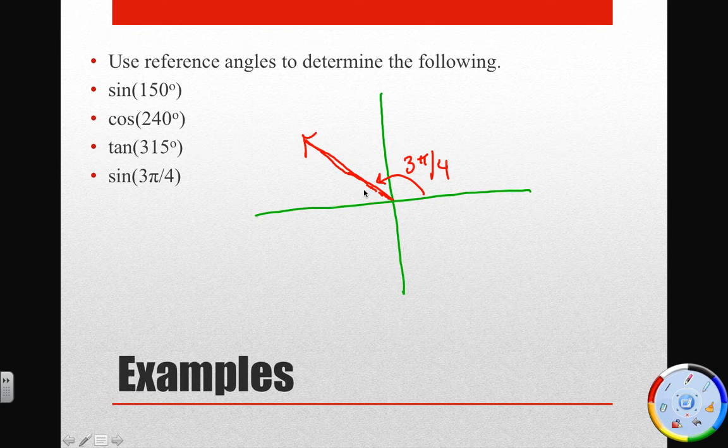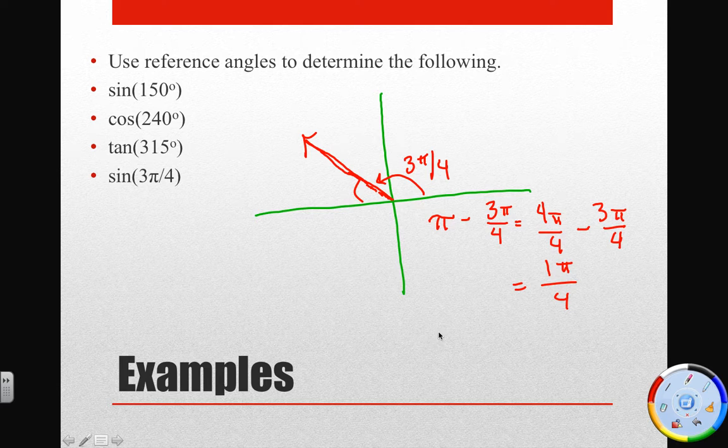Well, now here's where things get interesting, because now you have to do some math with fractions. In quadrant 2, I have to do 180 minus theta. Well, 180 is actually the same thing as pi, because we're doing things in radians, minus 3 pi over 4, is the same thing as 4 pi over 4 minus 3 pi over 4, which is the same thing as 1 pi over 4.